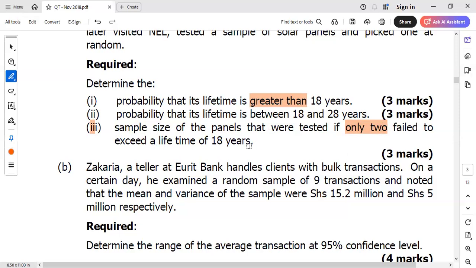If you're looking for the sample size of the panels that were tested, if only two failed to exceed the lifetime of 18 years, you just apply your reasoning, guys.